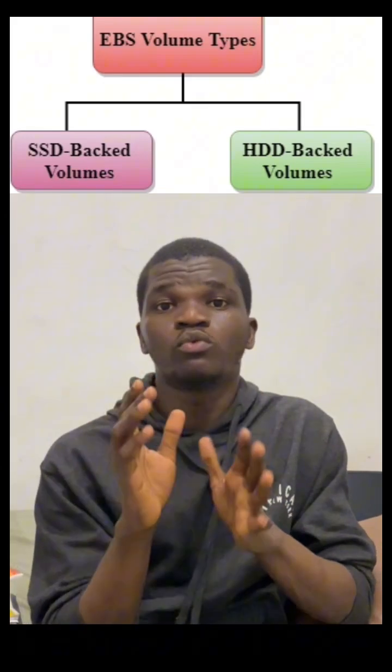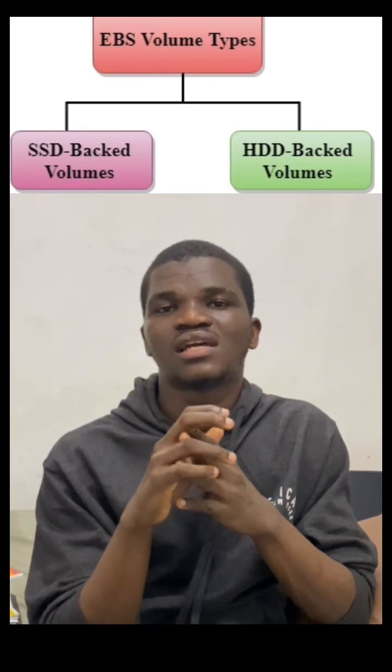The first one under this is throughput optimized HDD, and we call it ST1. This one is mostly used in a log analytics website, an application that they want to use to analyze logs or to do different kinds of data analytics. So the kind of EBS volume they are going to assign to that EC2 server is ST1, which is throughput optimized HDD.